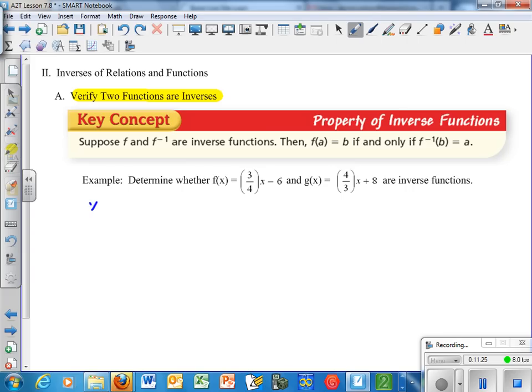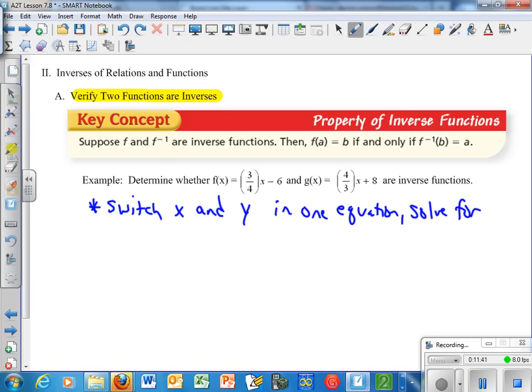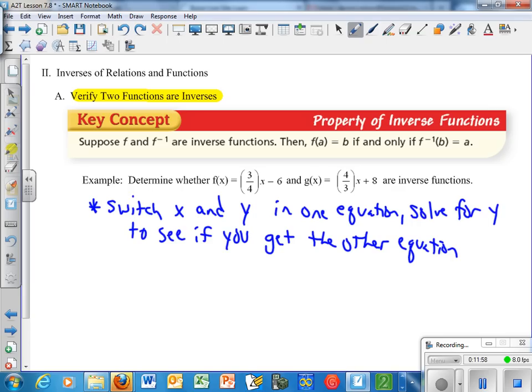All you need to do, and this is one method and probably the easiest method that I'll show you, is switch x and y in one equation, solve for y to see if you get the other equation. So what do I mean?